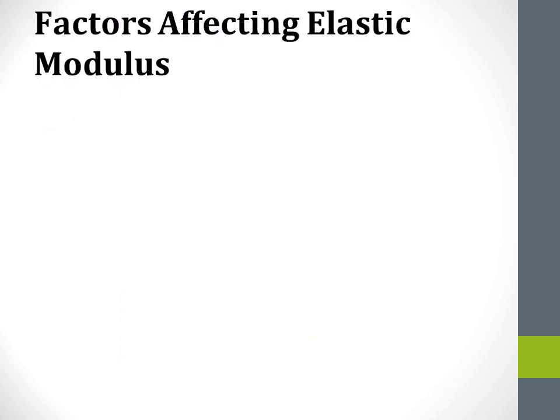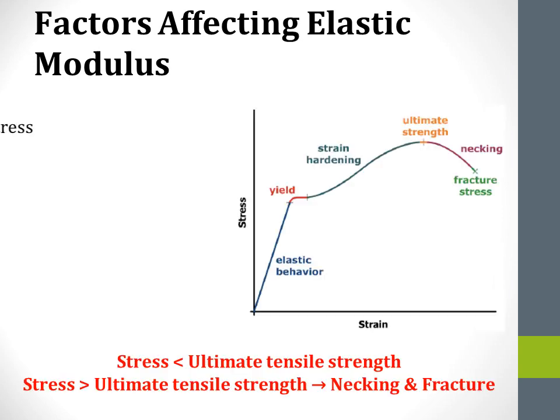It is found that some of the bodies around us lose their elastic property within the elastic limit due to elastic fatigue. Other than elastic fatigue, some materials change their elasticity due to various other factors which are listed here. One is stress.